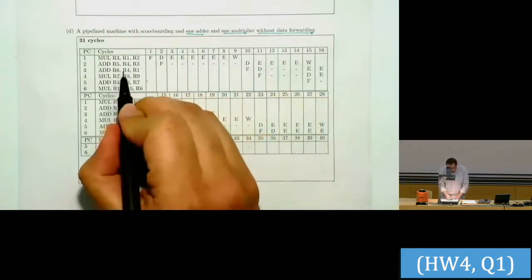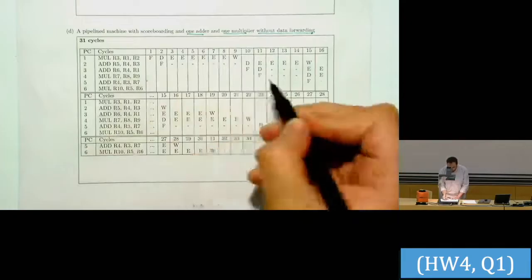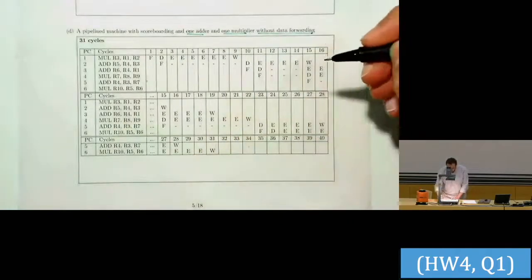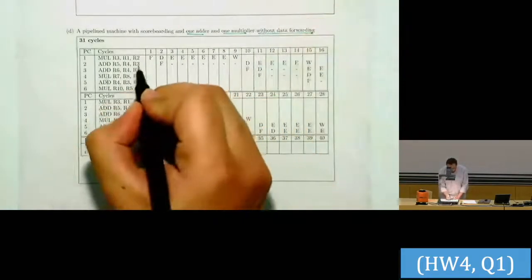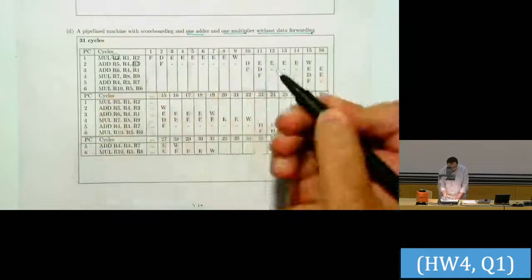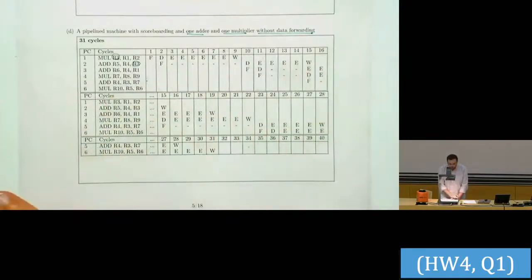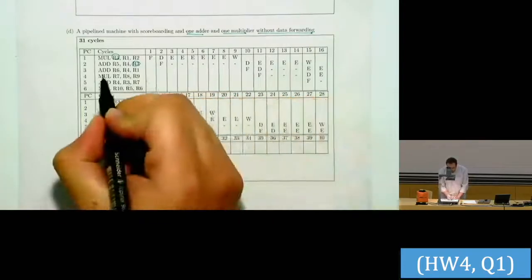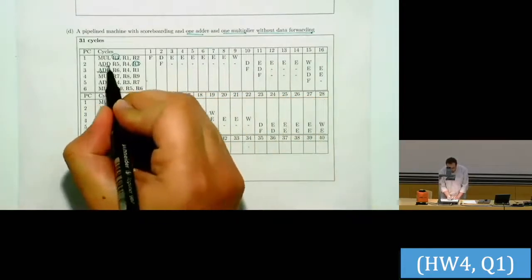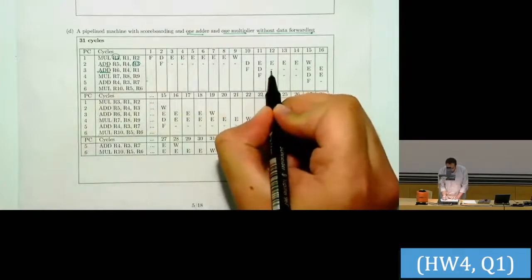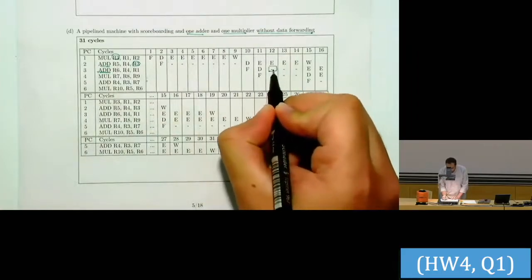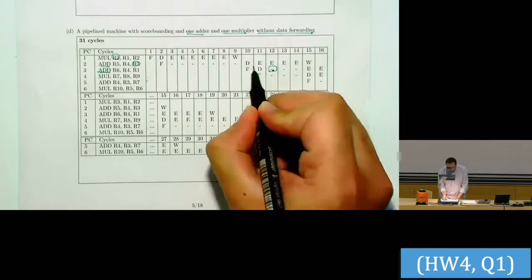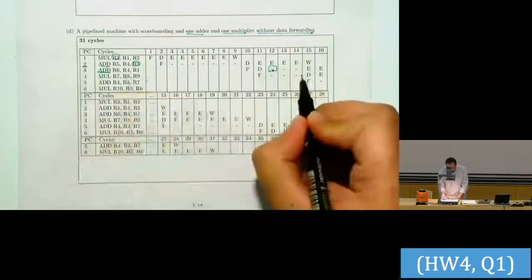So here, what matters is, this part, this R3, is exactly as in the previous part of the question. But when we have the second add here, then we cannot start executing here because at this cycle, the adder is being used by the second instruction.